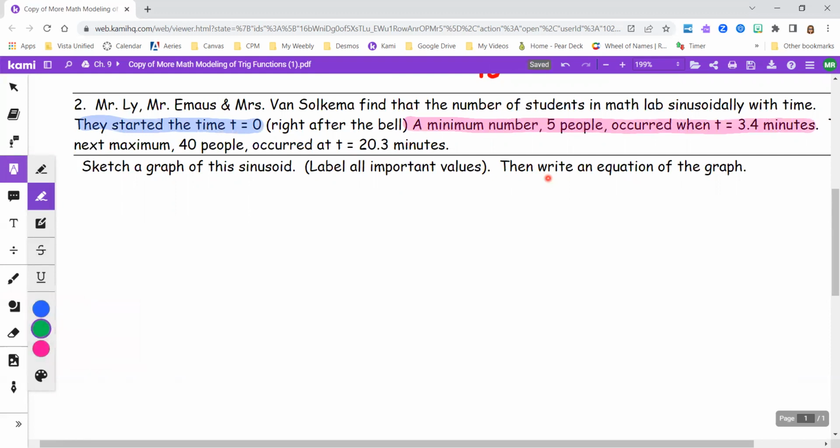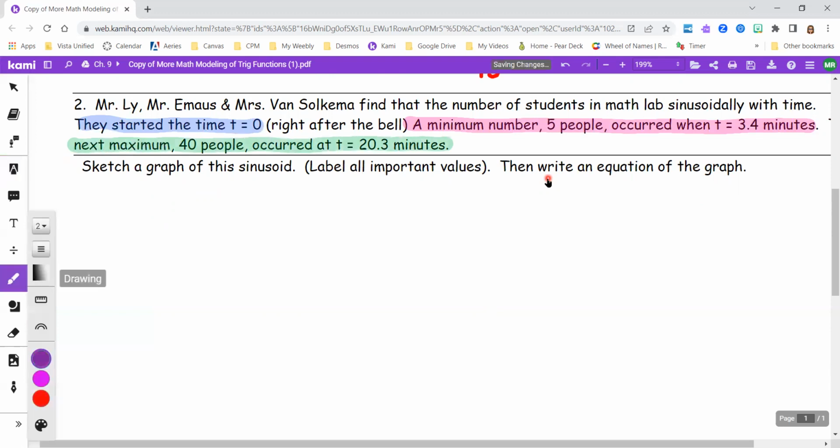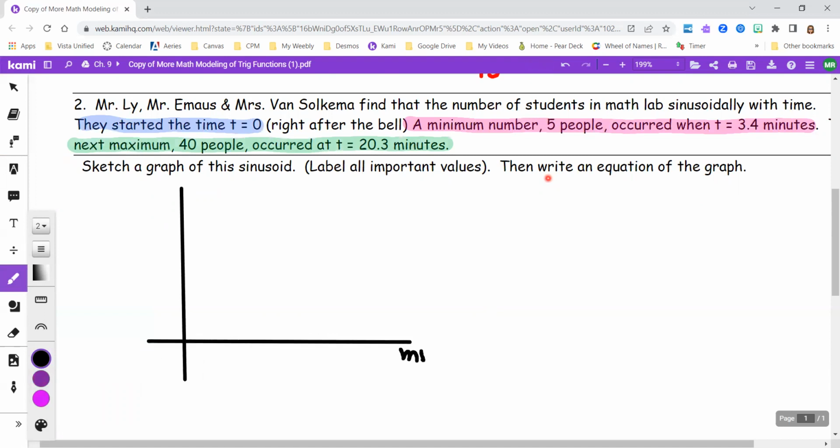We know that the next maximum occurs with 40 people at 20.3 minutes. Okay, so let me graph this. This is going to be time in minutes, and this is going to be number of people.